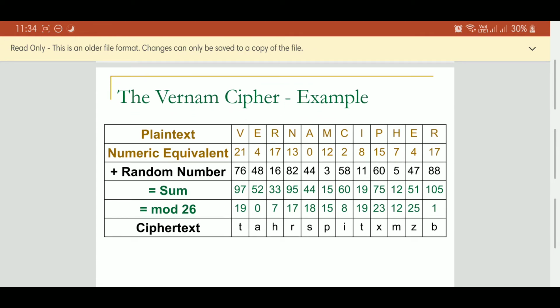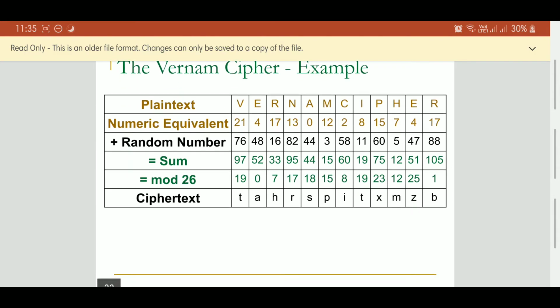The Vernam cipher example is this. Our plaintext here is Vernam cipher. Its numeric equivalent is like A is at the 5th place, but starting from 0 we get E for 4th place. V is at the 22nd place, but starting from 0 we get it at 21, and so on.